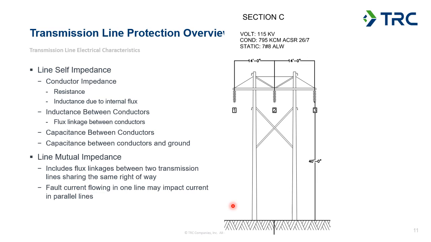The other consideration is mutual coupling between adjacent transmission lines. So oftentimes you'll see a transmission right of way, and that's one of the clear cuts through to provide a path for the transmission line to be built.